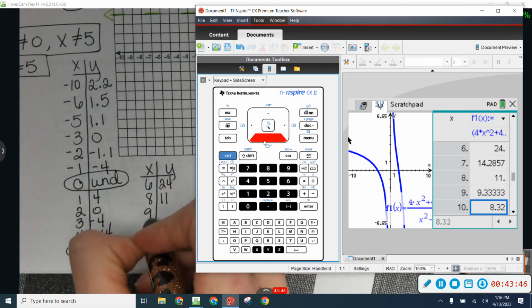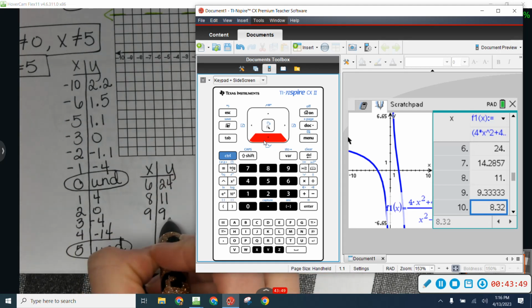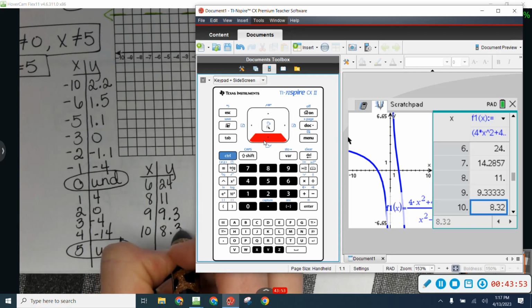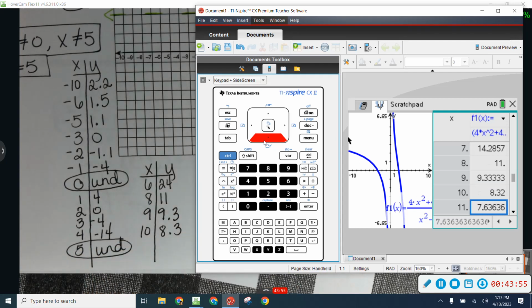You can do 9, 9.3, and 10, 8.3. It just doesn't show it on here because your y's only go from a negative 6 to a positive 6.